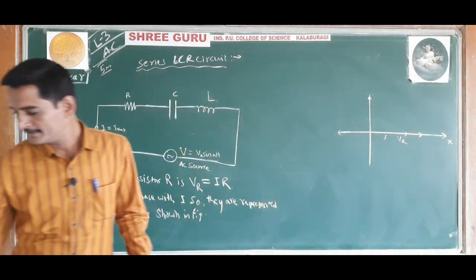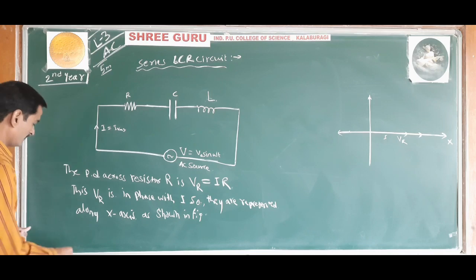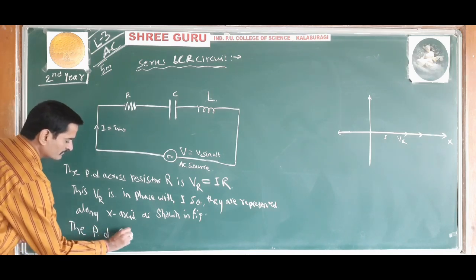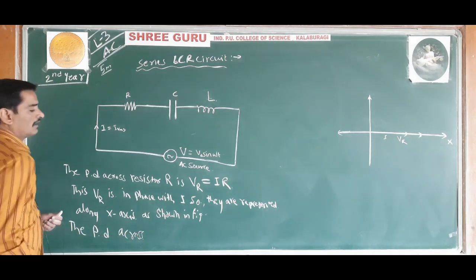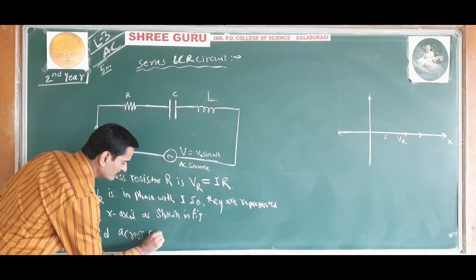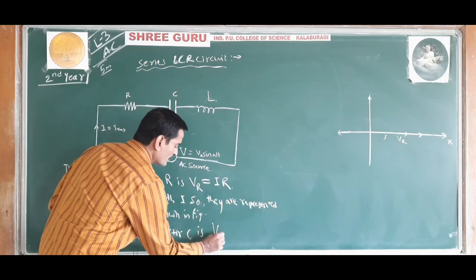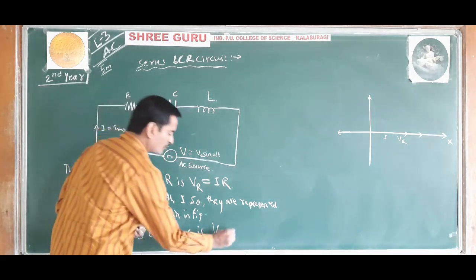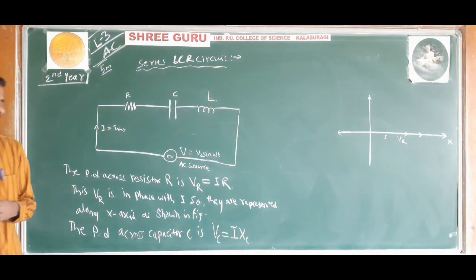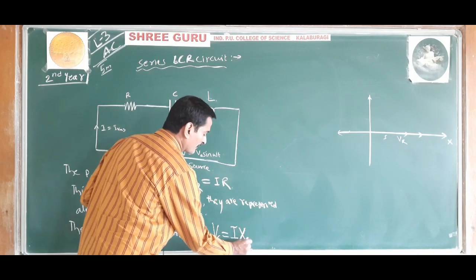Now next, the potential difference across the capacitor C is VC is equal to I into XC, where XC is the capacitive reactance.